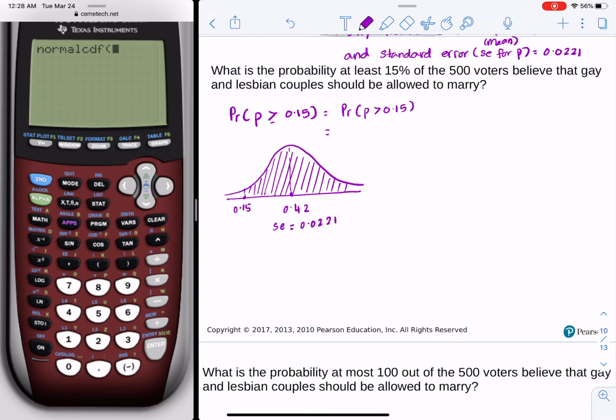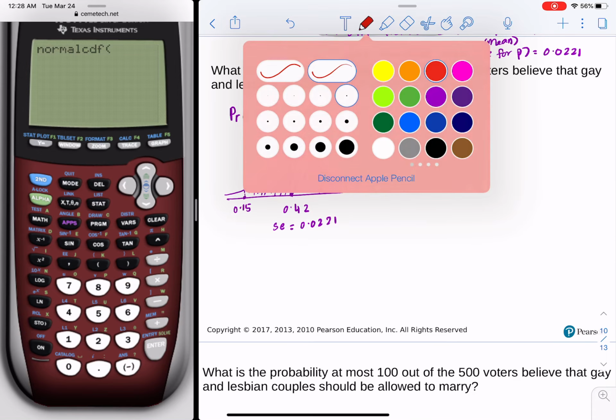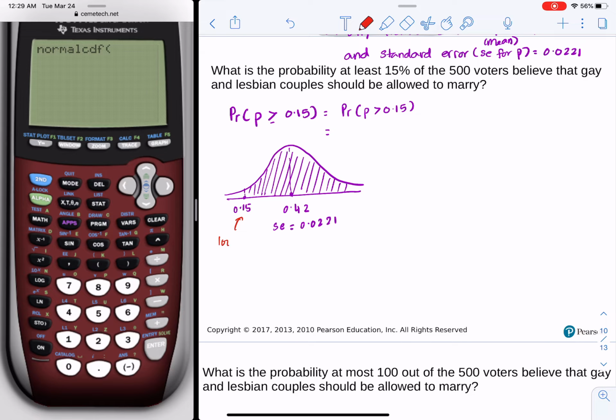So the lower endpoint here is 0.15. The upper endpoint is infinity, or positive E99. So we plug in 0.15, comma, E99, comma, the mean, which is 0.42, and the standard deviation, 0.0221.